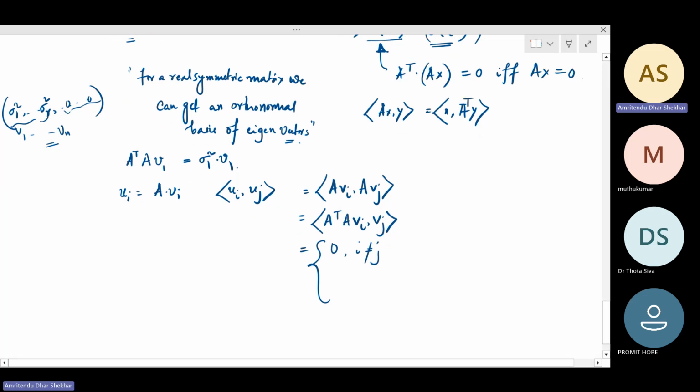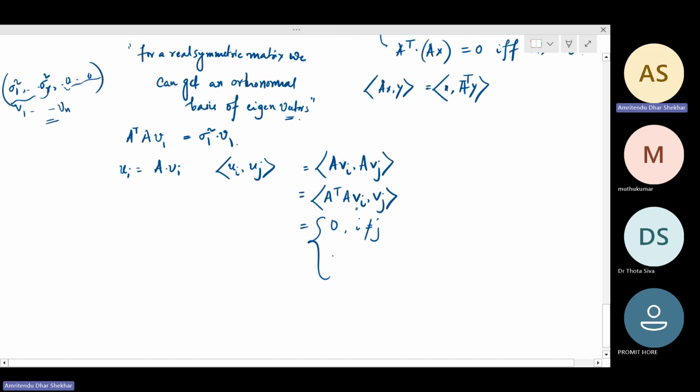And if i is equal to j, then Vi is an eigenvector of A transpose A, so that is equal to sigma i squared.